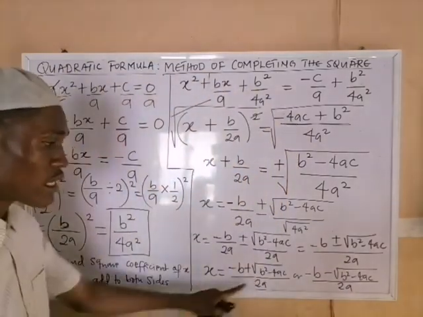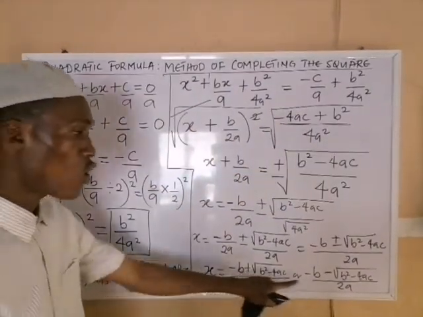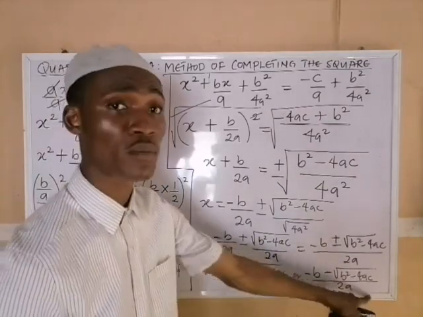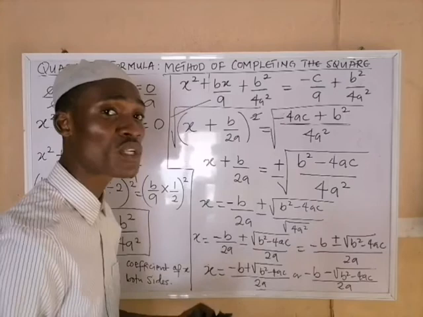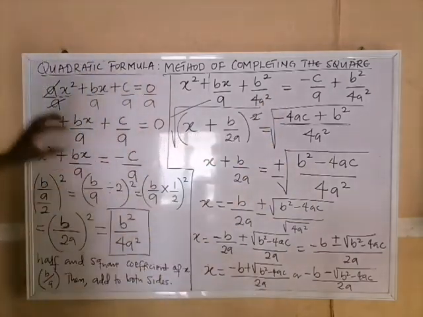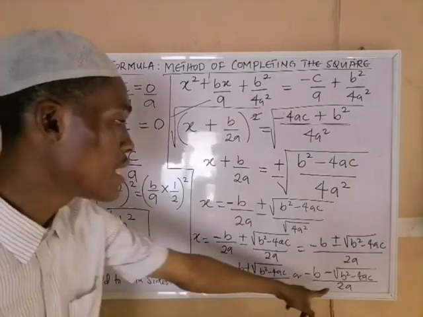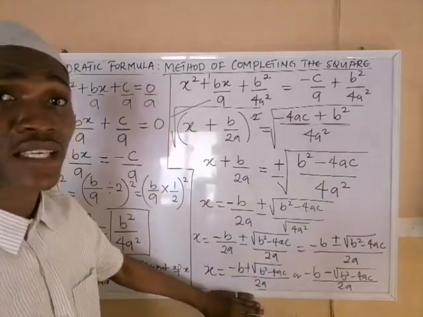So my x can be this value with plus or this value with minus. I just share this plus for one and this minus for the second one. So I have successfully solved this quadratic equation, and I made x the subject of the relation. So this formula is regarded as my quadratic equation formula.